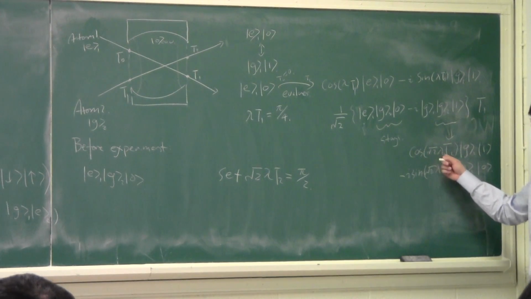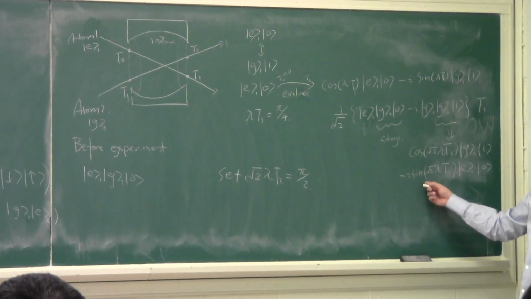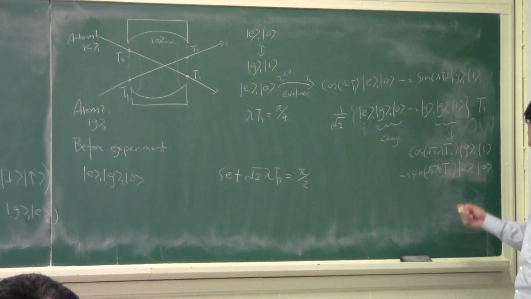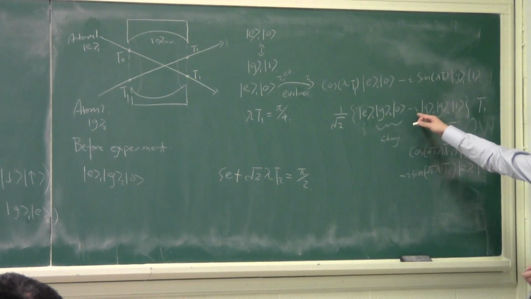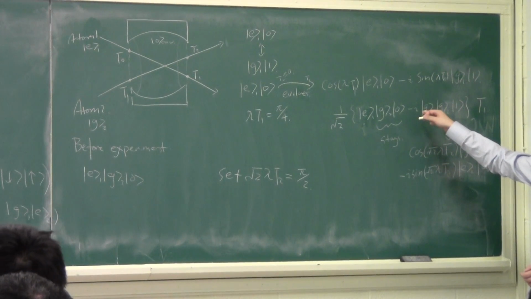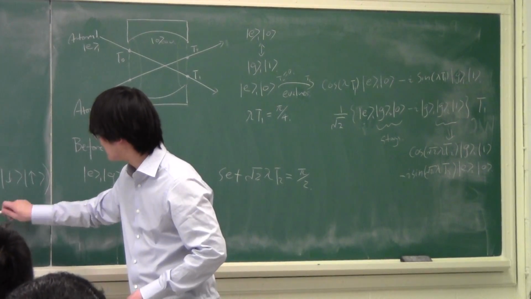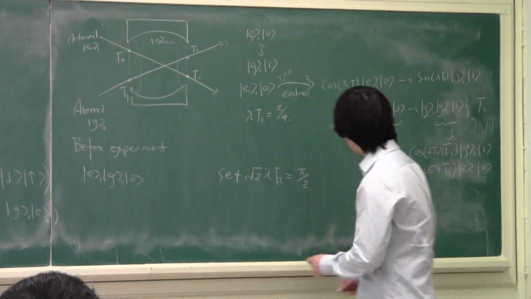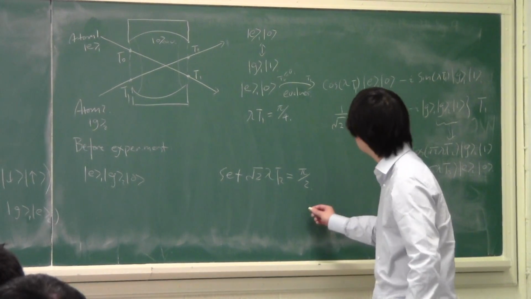Cosine pi over 2 certainly goes to 0, so we're just left with a minus I E2, 0 term. And when this minus I meets the other minus I, it gives you a minus 1. So actually we were constructing this. So then at time T2, the entire state goes to what?